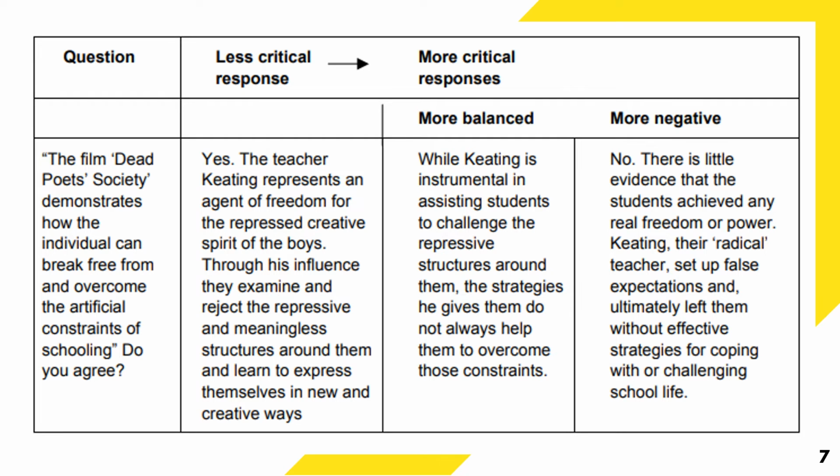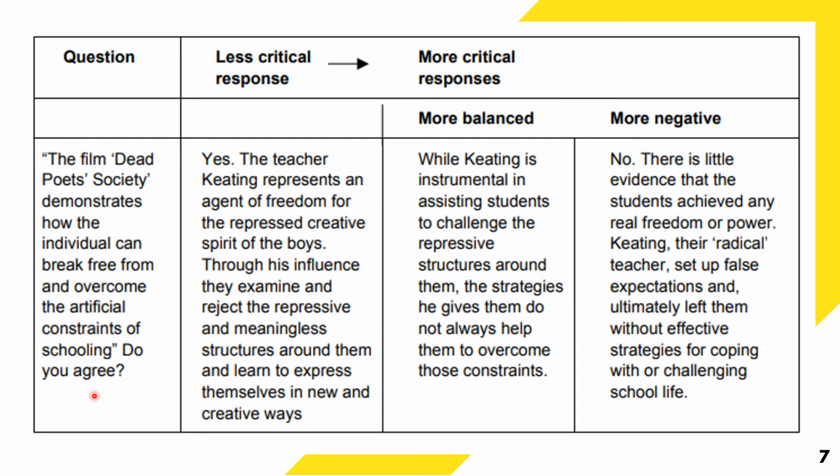Here we have an example. Right here, you can see a question at the end, and it's based on the film Dead Poets Society. I don't know if you have watched the movie before, but based on this example, it says the film Dead Poets Society demonstrates how the individual can break free from and overcome the artificial constraints of schooling.